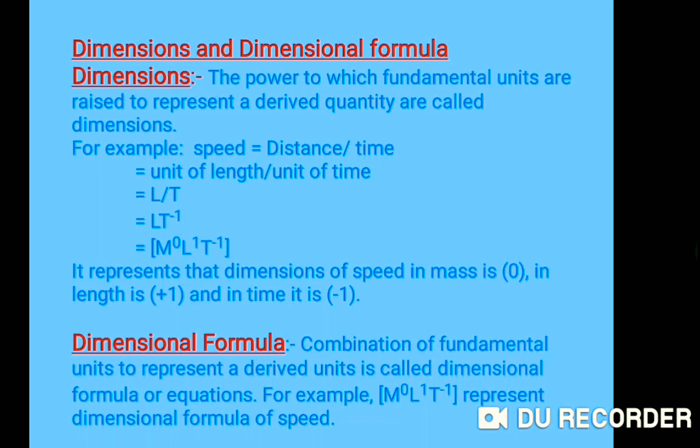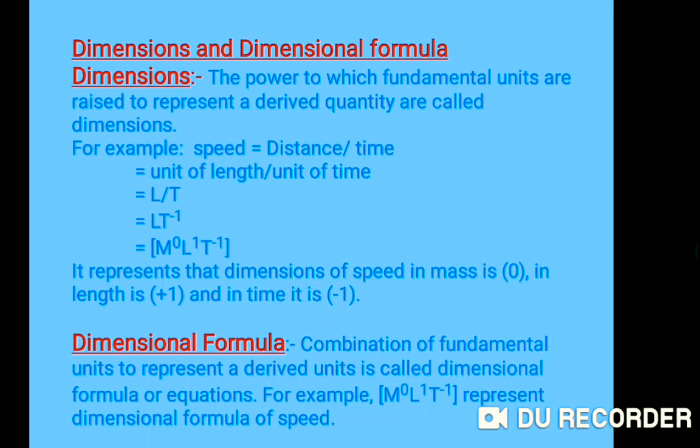Distance is measured in meter, and each term used like meter, kilometer, millimeter is termed as length. So distance is length, and time is t, so L upon t. Take t in the numerator, so here L t minus 1.